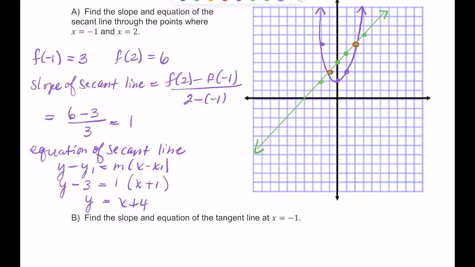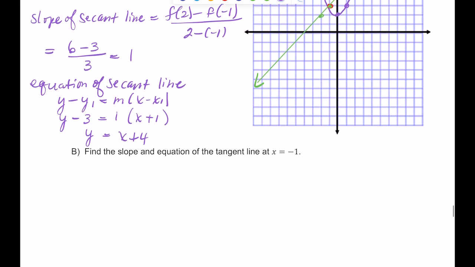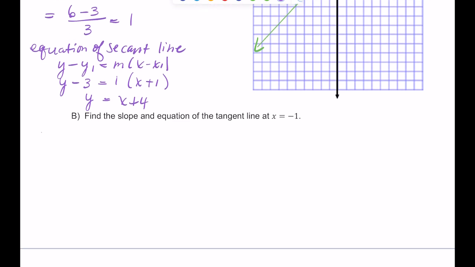Okay, now this is cool too. Find the slope and equation of the tangent line at x equals -1. All right, so to do that, I'm going to find the limit as h approaches 0 of f of a plus h minus f of a over h.